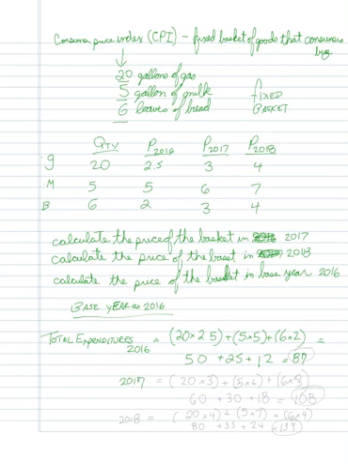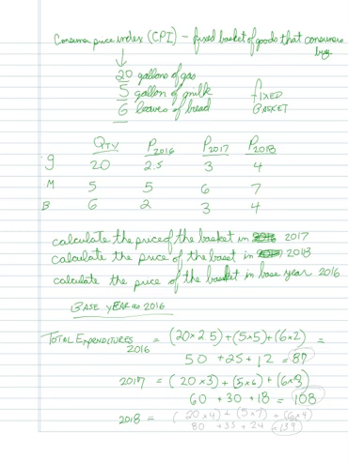In 2017, I'm looking at 20 times 3 plus 5 times 6 plus 6 times 3, sorry. That's 60 plus 30 plus 18, so that's all equal to 108.